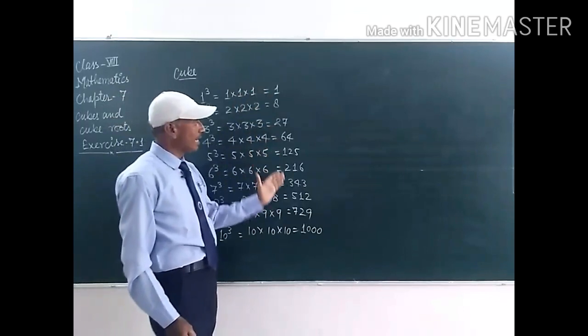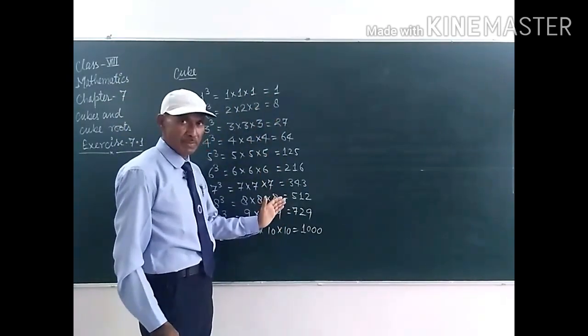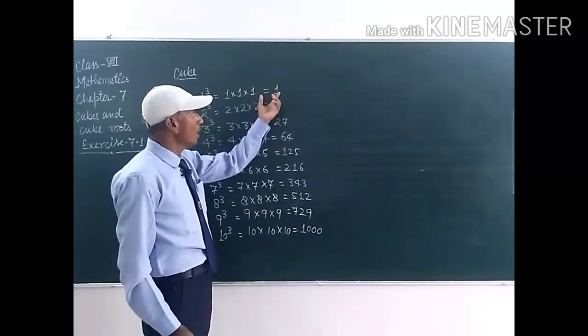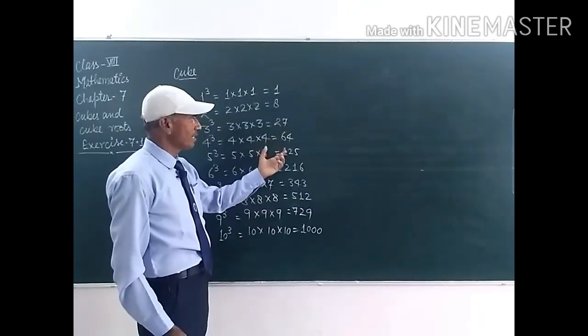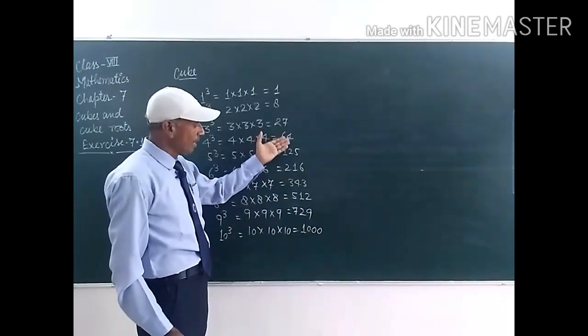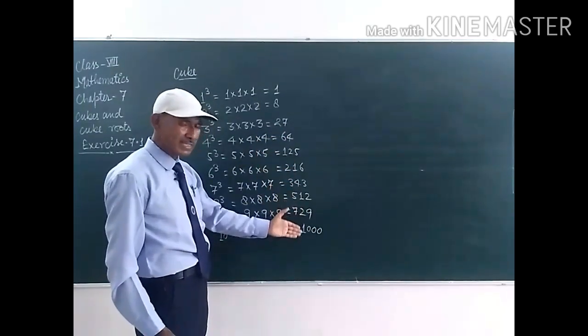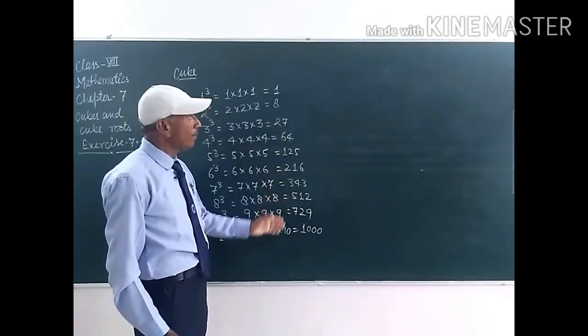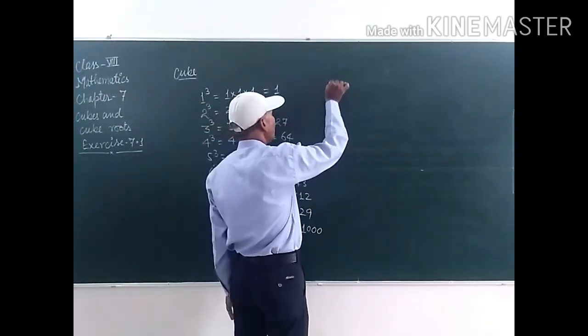And these numbers are called perfect cube numbers. Student, 1, 8, 27, 64, 125, all these numbers are called perfect cubes.